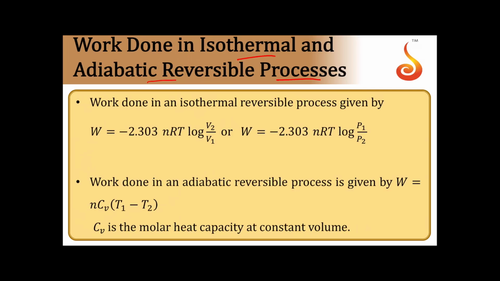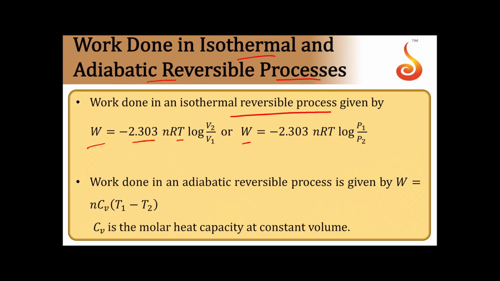Work done in an isothermal reversible process is given by W is equal to minus 2.303 nRT log V2 by V1, where V1 is the initial volume and V2 is the final volume at a constant temperature T, or else W is also equal to minus 2.303 nRT log P1 by P2.